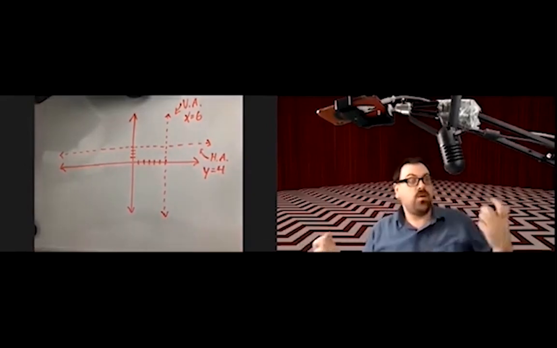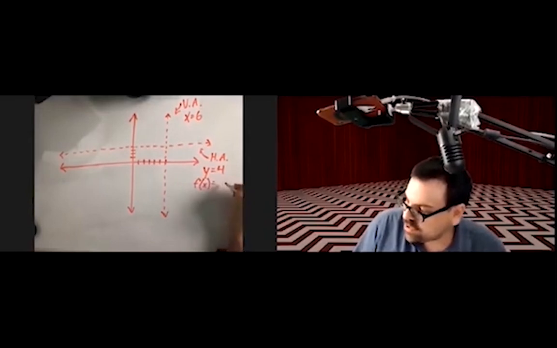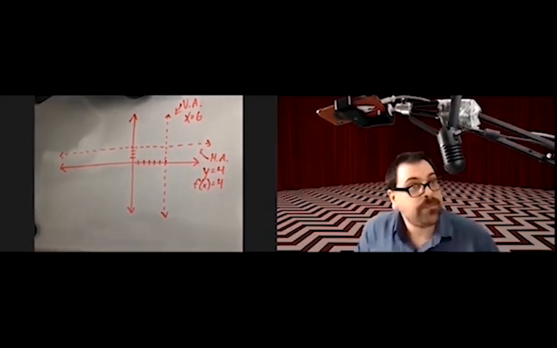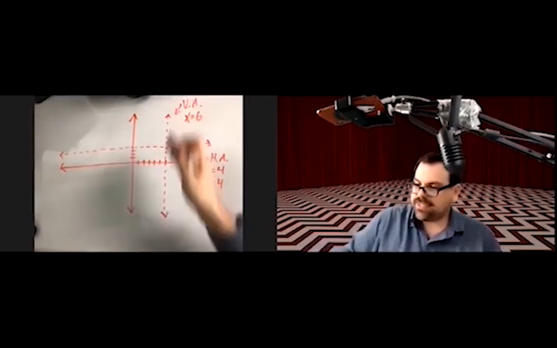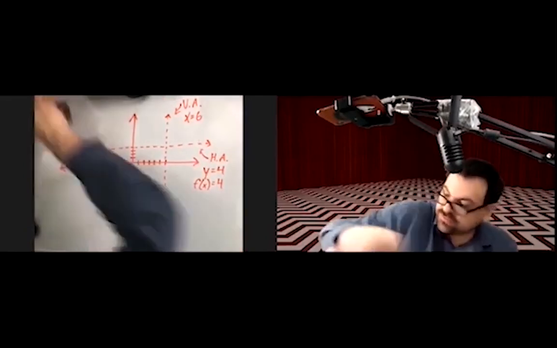Horizontal asymptote is y equals 4. Or another way of saying that in function notation would be f of x equals 4. So vertical asymptote at x equals 6, a horizontal asymptote of y or f of x equals 4.